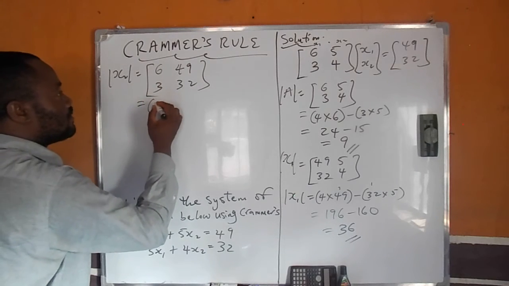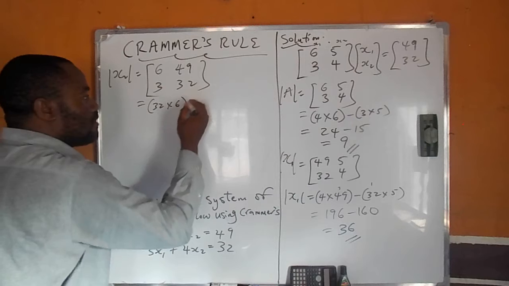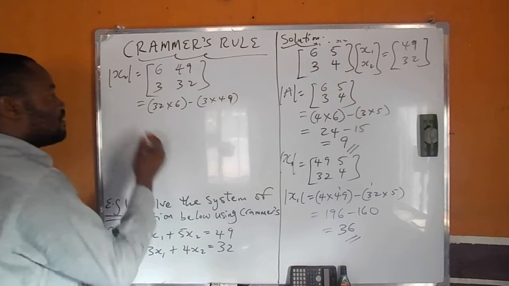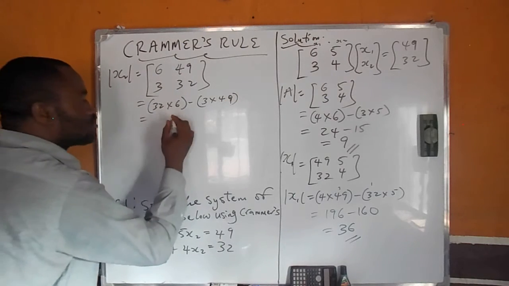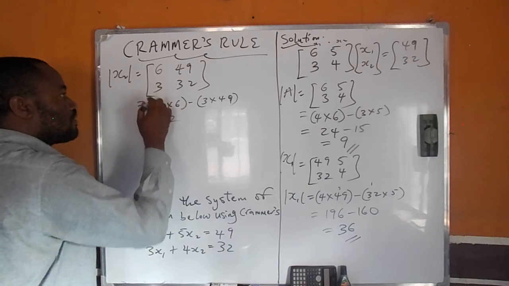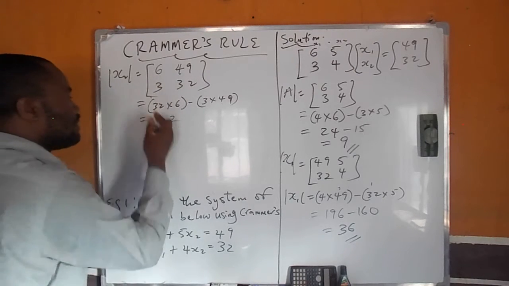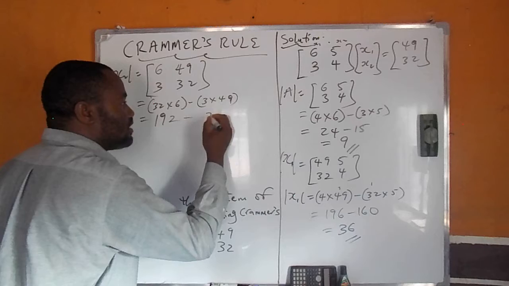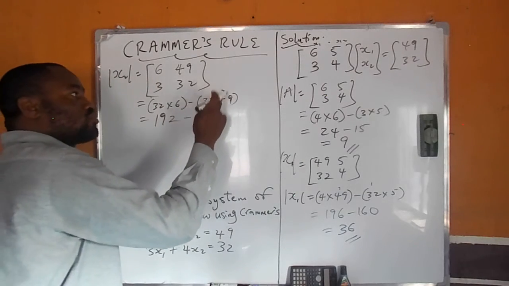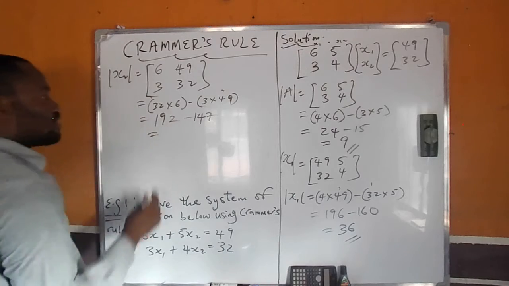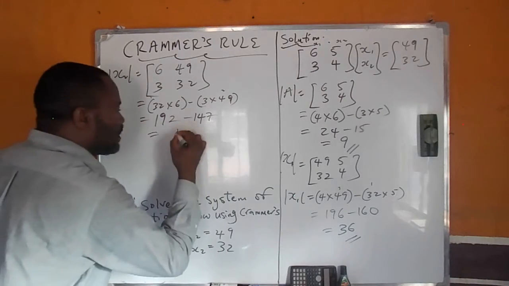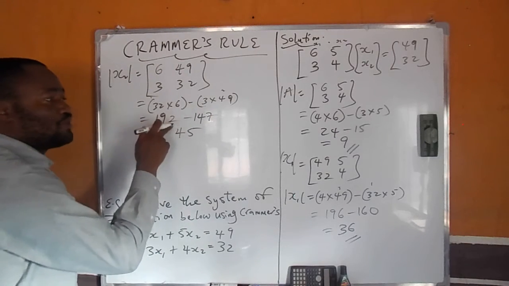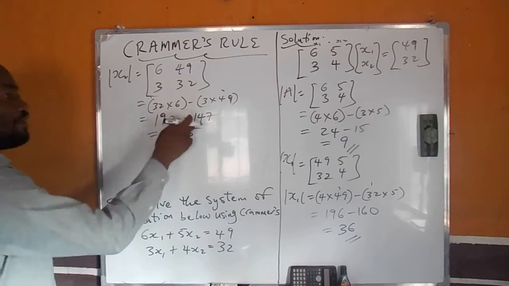This equals 32 times 6 minus 3 times 49, which equals 192 minus 147, which gives us 45.